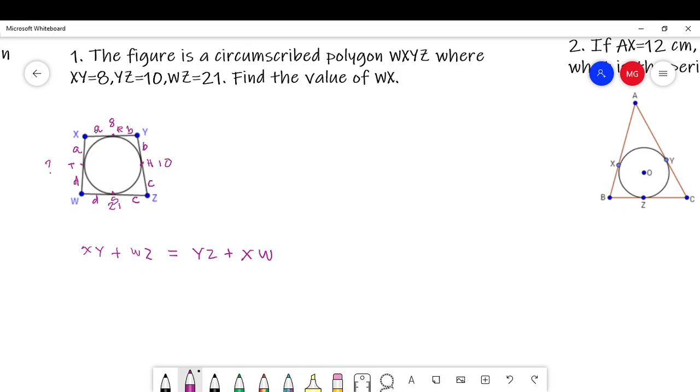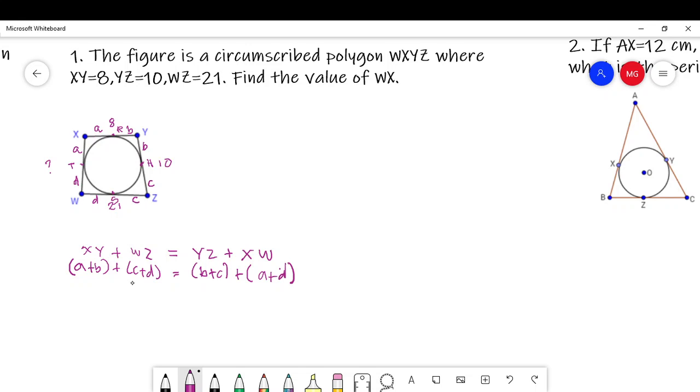XY is A plus B. WZ is C plus D. For our YZ, this is B plus C. And for XW, it's A plus D.